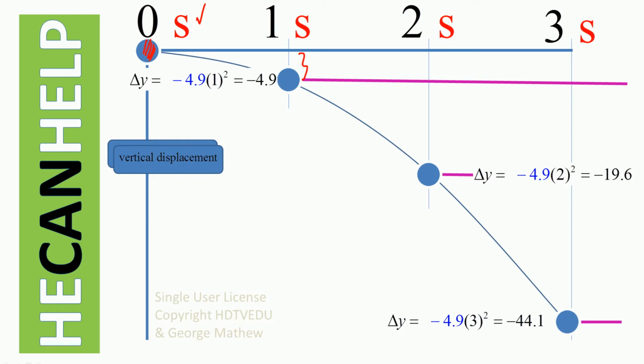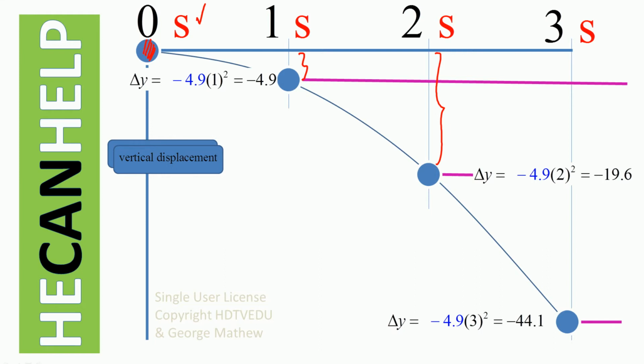So where are we? We are 4.9 meters below the 0 level. What happens when t is equal to 2? We are 19.6 meters below the starting point.